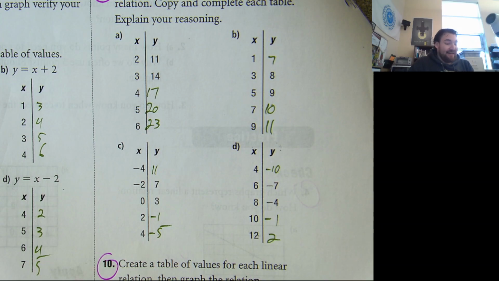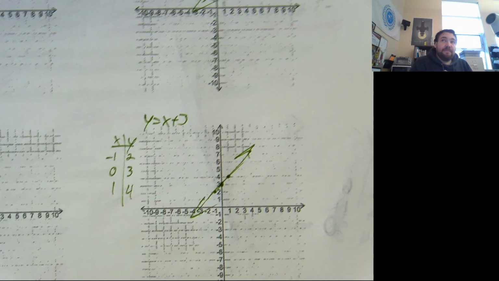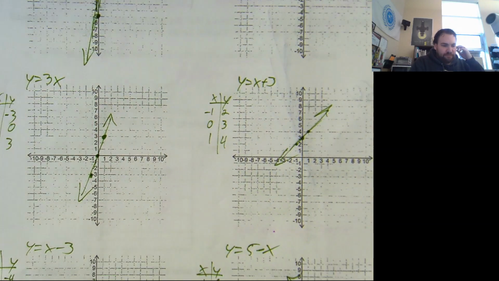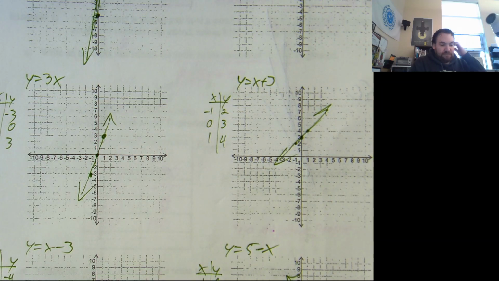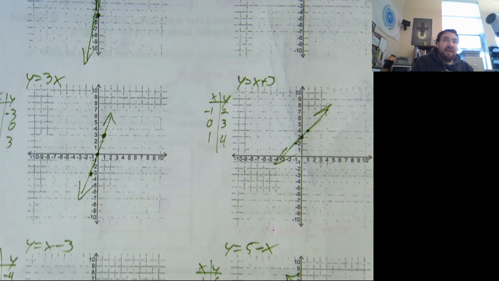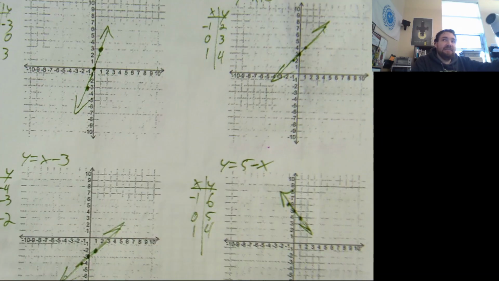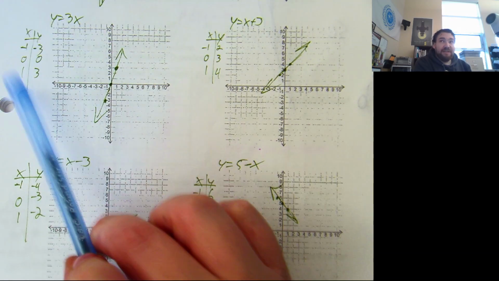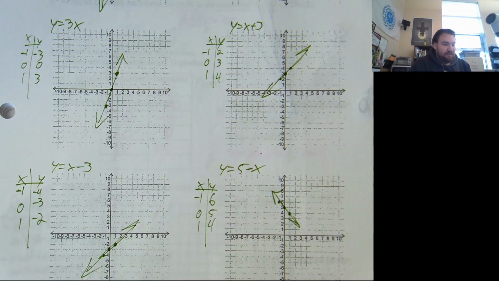And then number 10, create a table of values for each linear relation. Use values from -5 to 5. 10 looks like this. That's A and B. And C and D. So I just wrote down the equation for each. I put the table of values on the side, and then I graphed it. A, B, C, D.